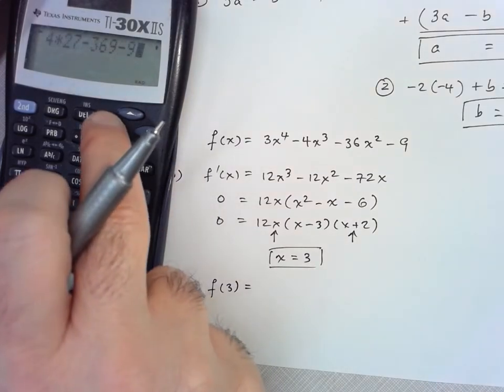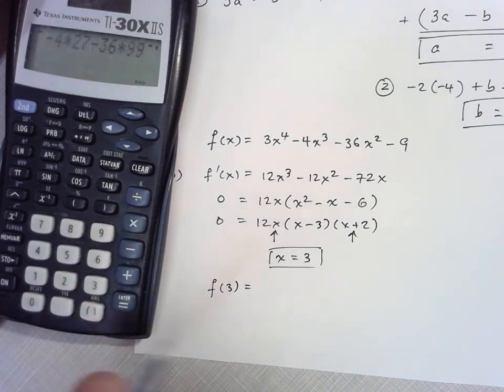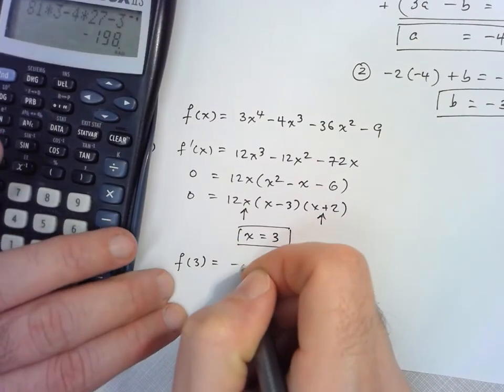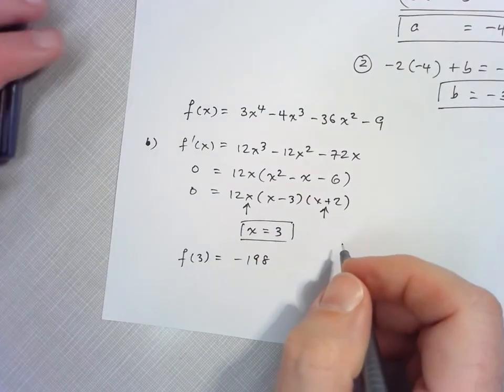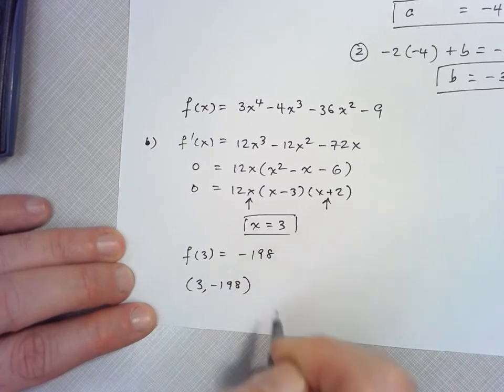Whoops, I think I forgot something there. 36 times 3 squared, 9, and then minus 9. Okay, negative 198. So our answer for b is 3, negative 198.